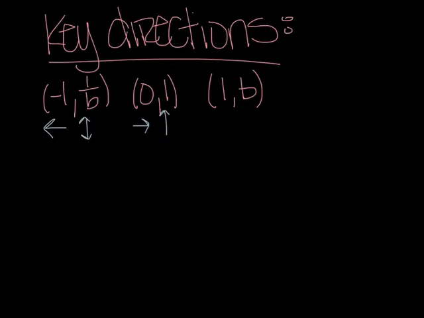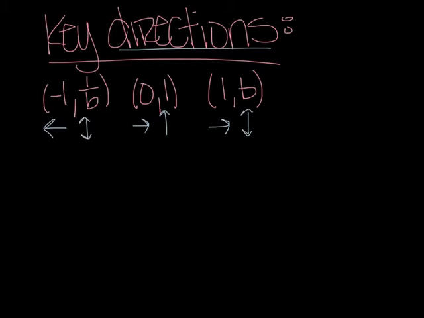And on our last set, 1 tells us to move 1 unit right, and b, again, we're not sure if that's going to be up or down, so we know it's just one of those things. So they're directions because they tell us how to move, right? The x values move left and right, the y values move up and down.